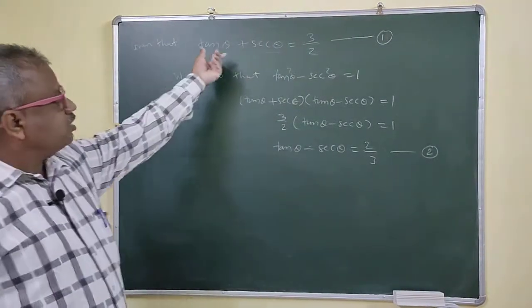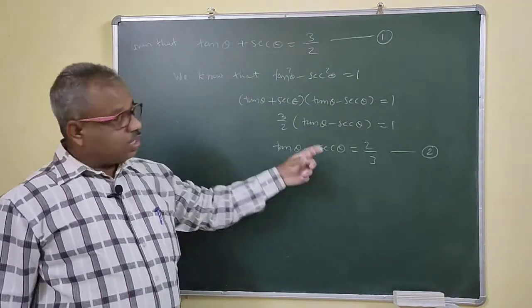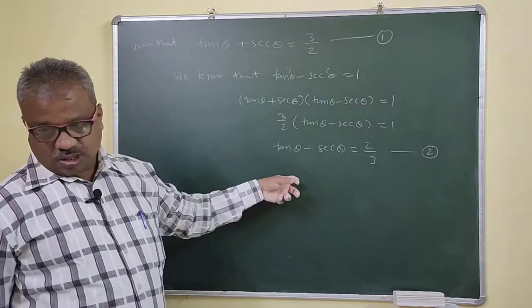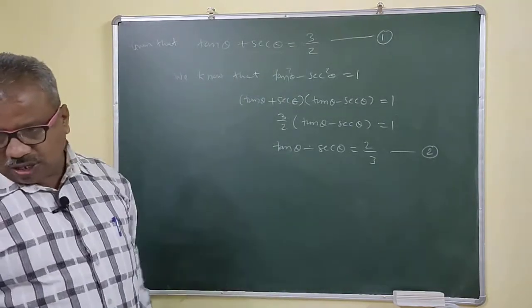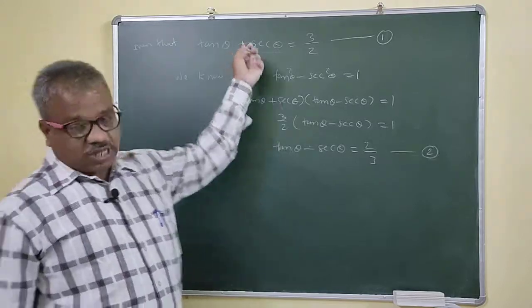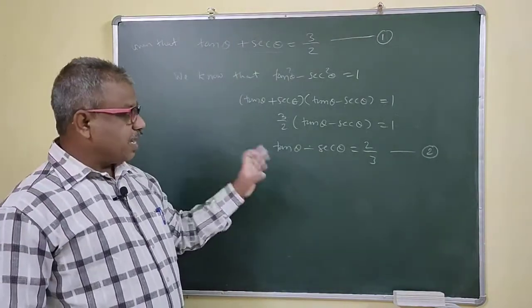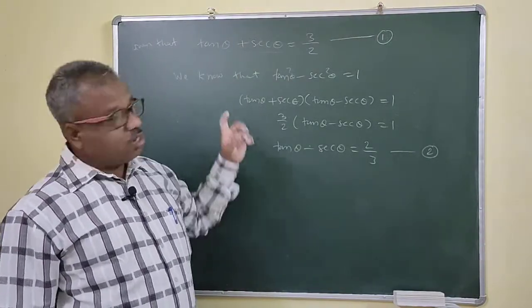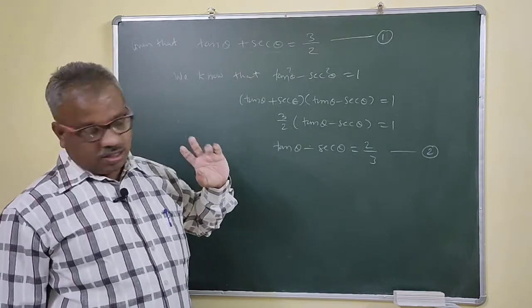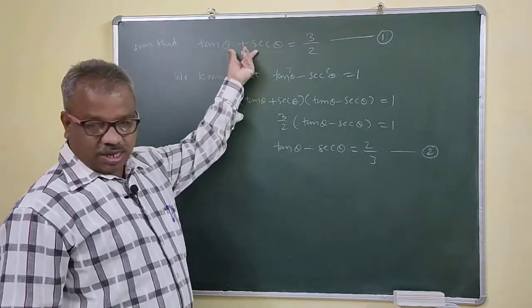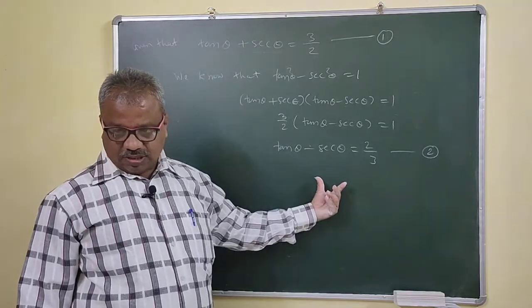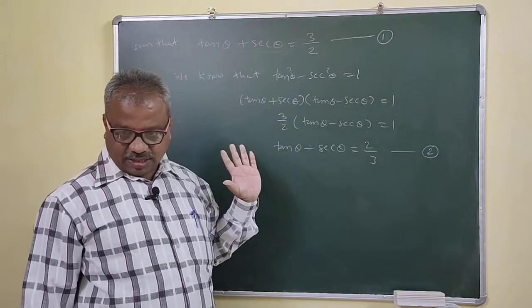So you have the sum, you have the difference. Now your tan theta and sec theta are both unknown here. So these are two simultaneous equations in terms of tan theta and sec theta. You have to solve these two equations simultaneously. Here there is a sum and here there is a difference, so if you add, sec theta gets cancelled.